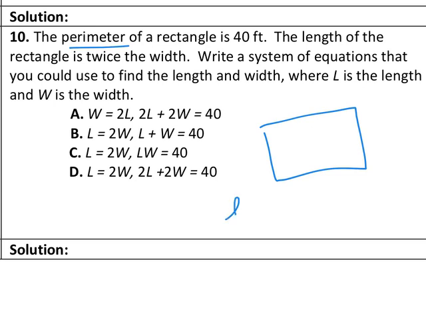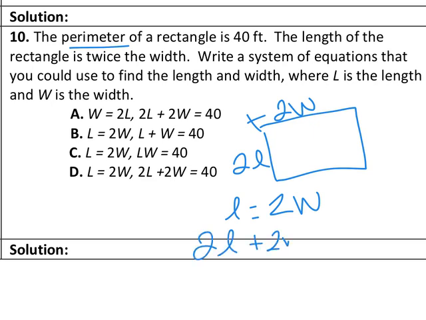So I have a length that's twice the width, and I know that for perimeter, I'm going to have 2 of my lengths and 2 of my widths. I'm going to add up because that's what perimeter means. So I'm going to have 2 lengths and 2 widths added together, and that's going to give me my perimeter, and it already gave me my perimeter, which was 40. So those are the 2 equations we're looking for.